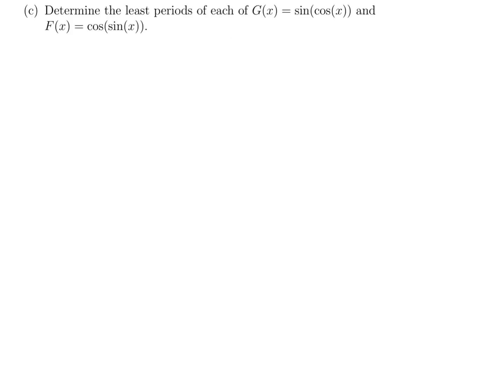Determine the least periods of g at x is equal to sine of cos x, and f at x is equal to cos of sine x. All right. So we have, again, g at x plus 2 pi, that's a period, is the same as sine of cos of x plus 2 pi.